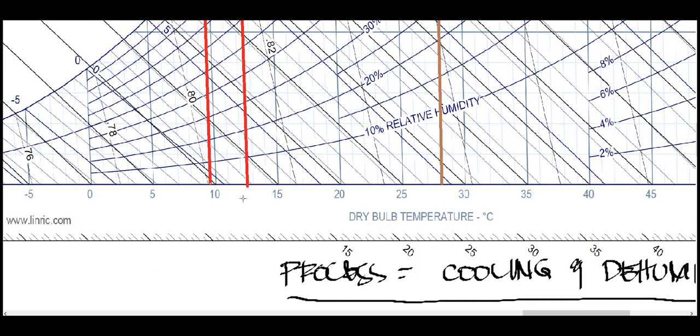It's around 9. So it is around 9 degrees Celsius dry bulb. So that is the dew point temperature.